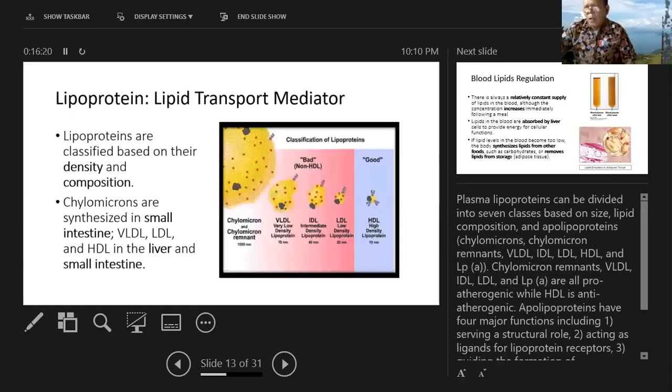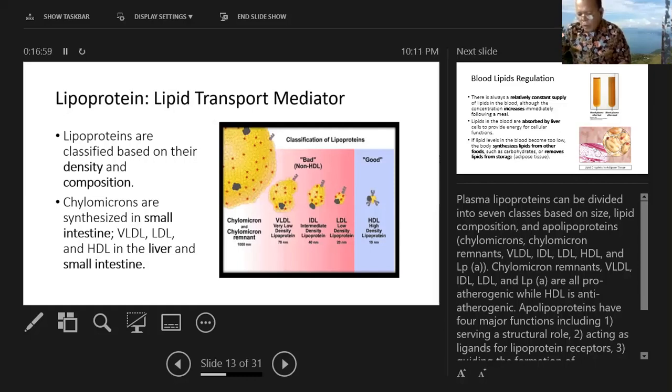Let's see this lipoprotein as a lipid transport mediator. Plasma lipoproteins can be divided into 7 classes based on size, lipid composition, and apolipoprotein: chylomicron, VLDL, IDL, LDL, HDL, and Lp(a).